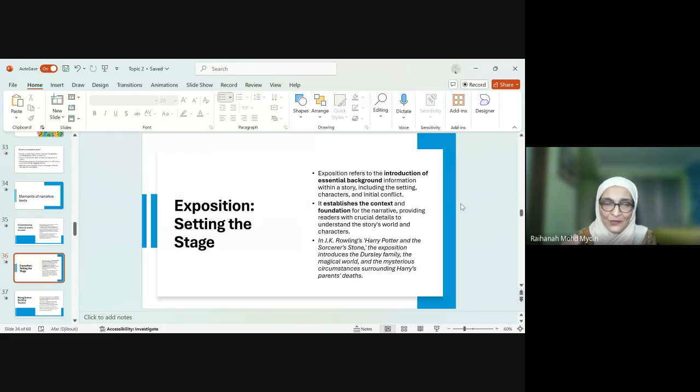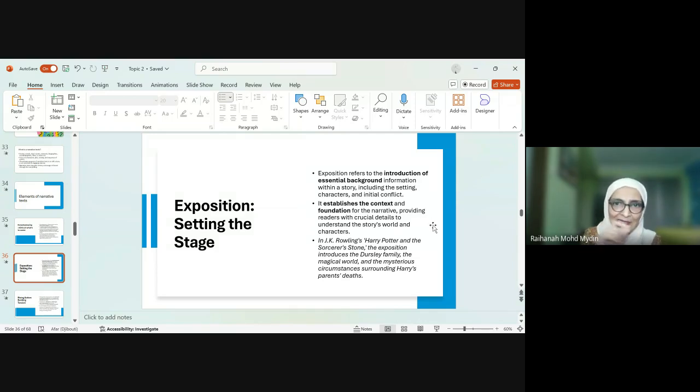What happened just before the plot begins, the background of the story, basically, right? And a little bit more about the character. Who is the character? What has the character undergone before this particular element of the story began? That is being introduced in the exposition.